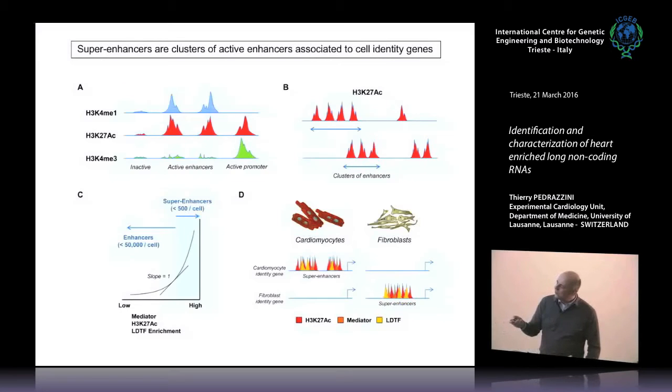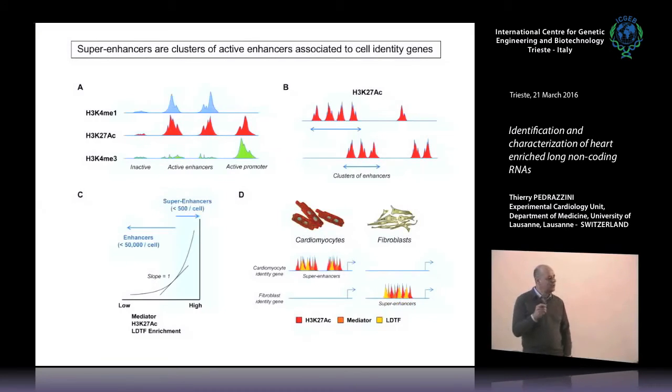And you rank all these enhancers from low to high, and you create this kind of hockey stick curve here. And then you consider the inflection point where the slope is equal to 1. And whatever is on the right side here is called super enhancer. And the rest is typical enhancer. Okay. So you see that you have only 1% that are defined using this particular criteria. 1% of enhancers are super enhancers.